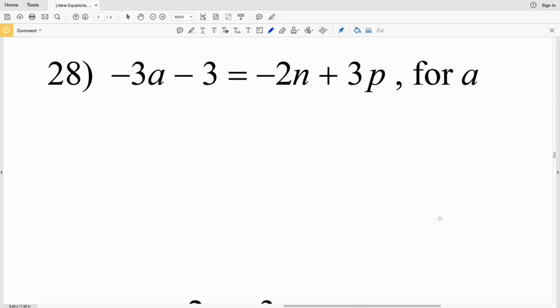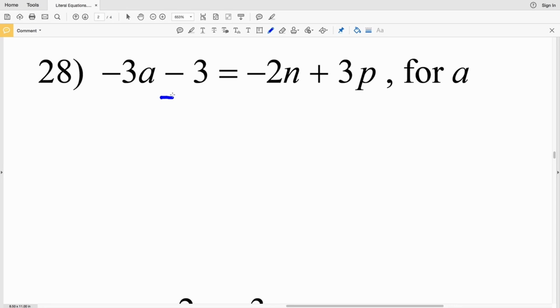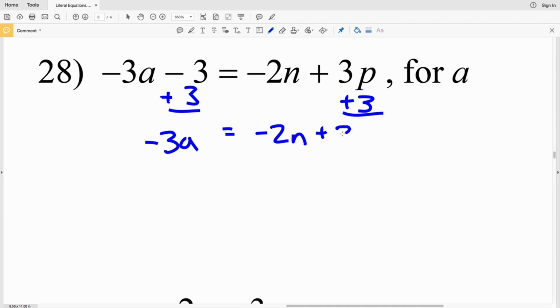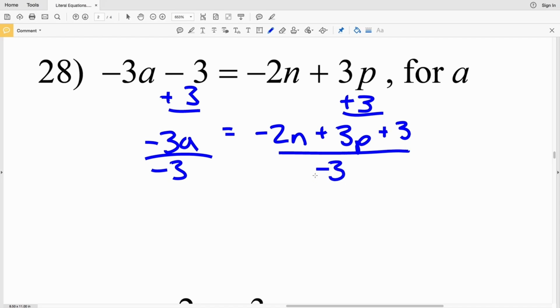And number 28, we're solving for a. So I'm going to start by adding 3 to both sides to isolate the term with the a. So we'll have negative 3a equals negative 2n plus 3p plus 3. Then I'm going to divide by a negative 3. But I don't want that negative in the denominator, so I'm going to distribute it out among the terms in the numerator.